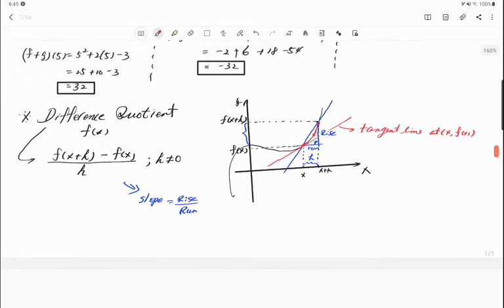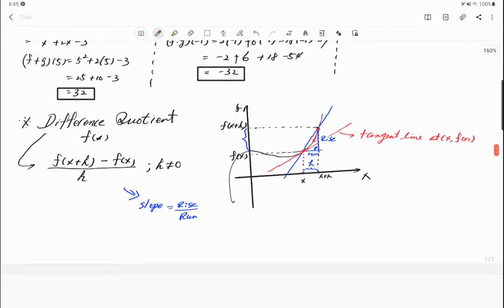At this point, the difference quotient is a slope, right? So actually this is the slope. We can say that this is the slope of the tangent line at x, f of x.